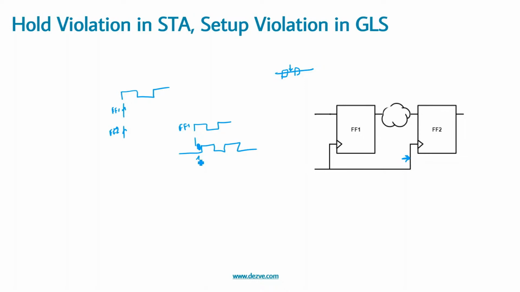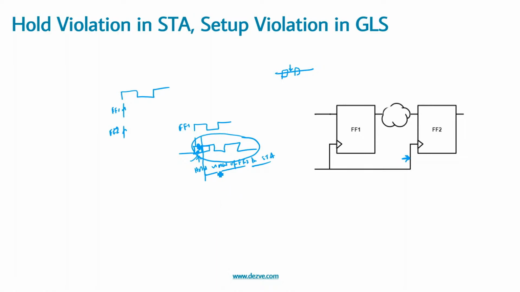So this will result in a hold violation of FF2 in STA. Now again, if you see this circuit for gate level simulation, what it will see is that there was a metastability window, and this change was falling within the setup window, correct? So it will flag a setup violation in GLS. So again, this is a mismatch here.